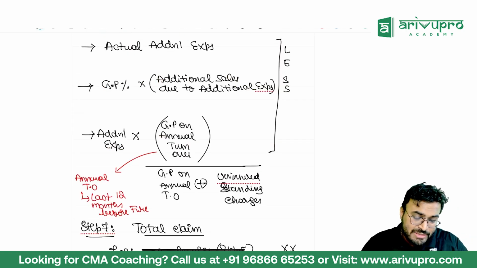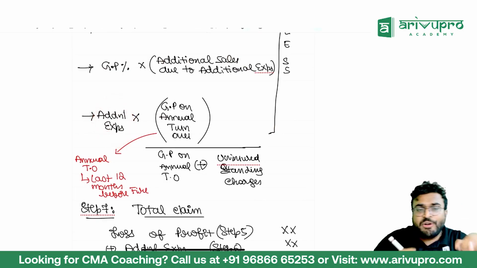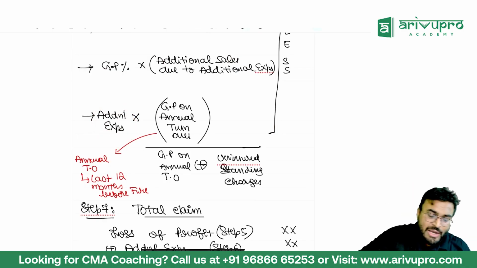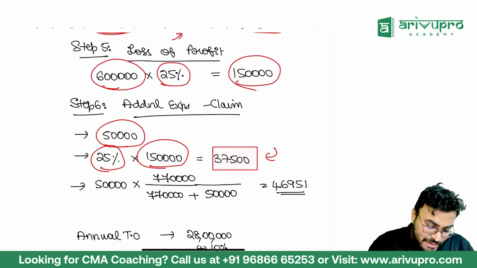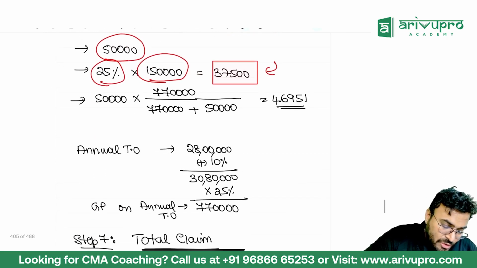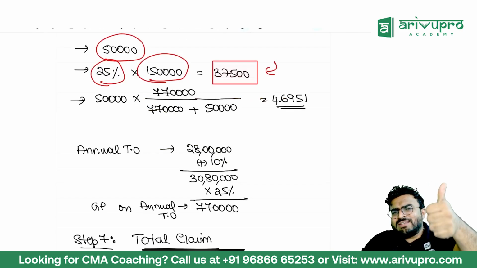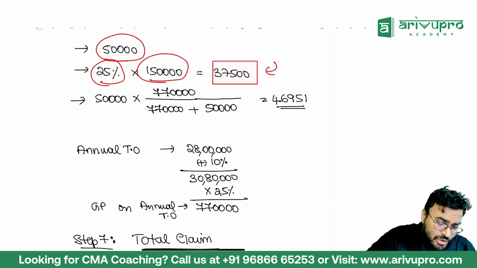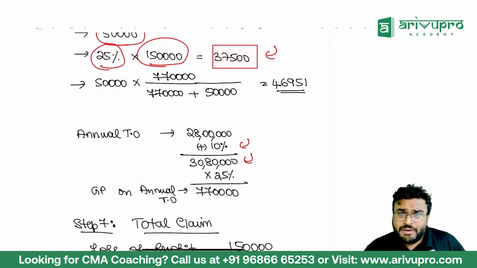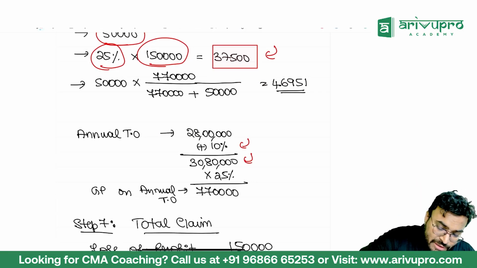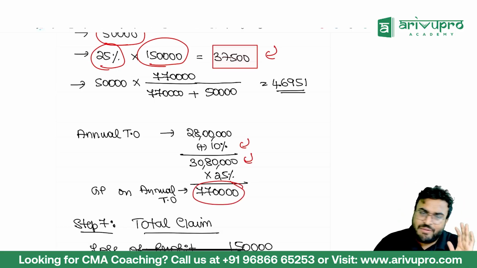Third step they told us to do additional expenses into gross profit on annual turnover divided by gross profit on annual turnover plus uninsured standing charges. Now, understand this. Annual turnover we know, which is given in the question as 28 lakhs. But I told you, whenever there is a trend, you should adjust the standard turnover and annual turnover. At 10%, you get the annual turnover as 30,80,000. Okay. Calculate gross profit on that. You get gross profit as 7,70,000. This is your gross profit on annual turnover.